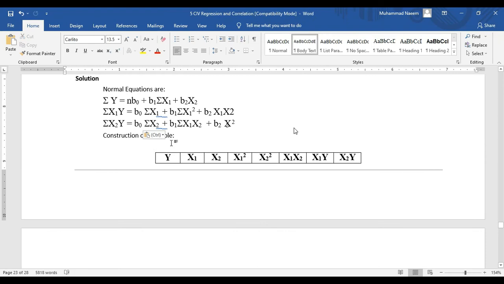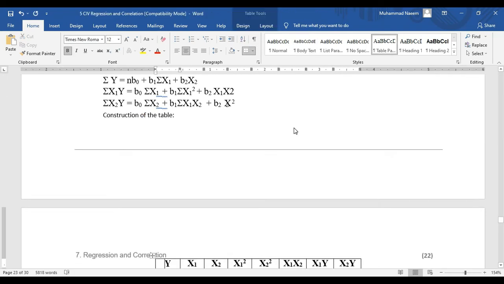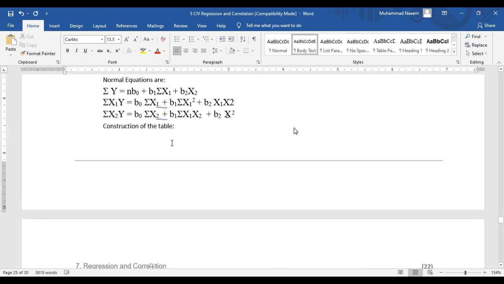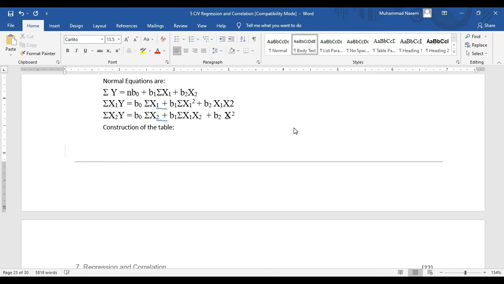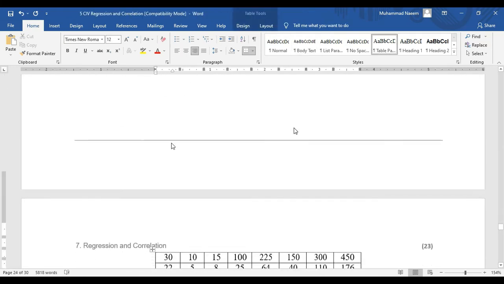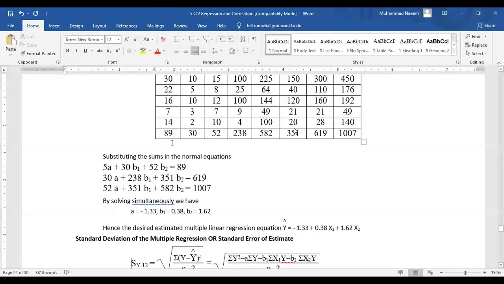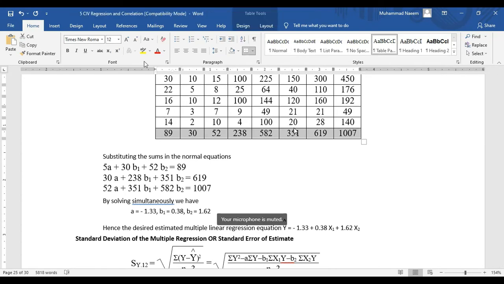This will be just according to our normal equations. Construct this table and put in their sums. Column wise we sum up, and all these sigmas we have in this last row. So putting them in normal equations and solving simultaneously using a calculator.